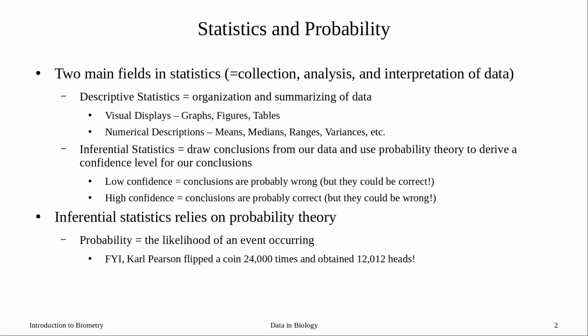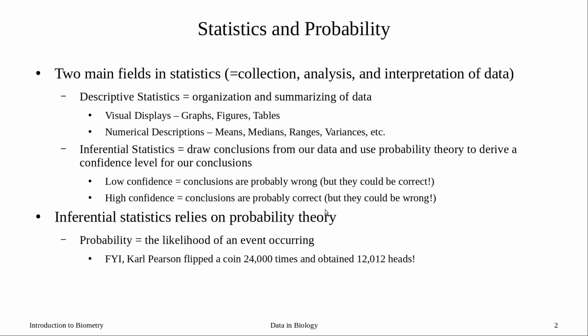I mention this because as we get to the statistical tests and talk about error, we have type 1 errors and type 2 errors, and those errors quantify this aspect of could be wrong or could be correct.